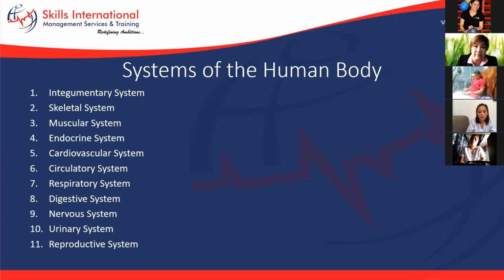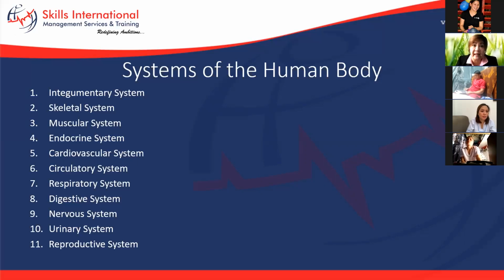Muscular system is the study of the muscles. Endocrine system is about the organs and the glands. Cardiovascular is about the heart and the vessels. Circulatory system is about the whole circulation of the blood inside of the body.